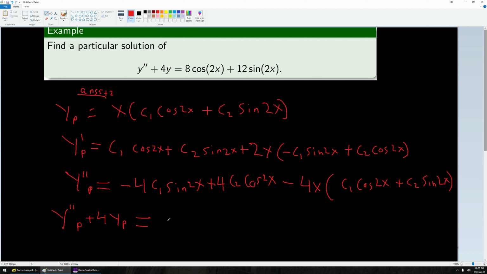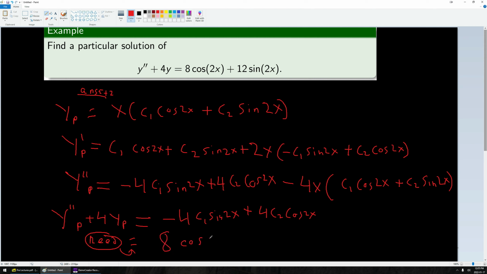Explicitly, this thing is simply equal to minus 4 C1 sine of 2x, plus 4 C2 cosine of 2x. If this is going to be a solution to the differential equation, then I need this to be equal to this. So we need this equality to hold. If we can't make it hold, then our ansatz doesn't work, and we could try a different one or maybe a different method, but we would be out of luck for this ansatz.